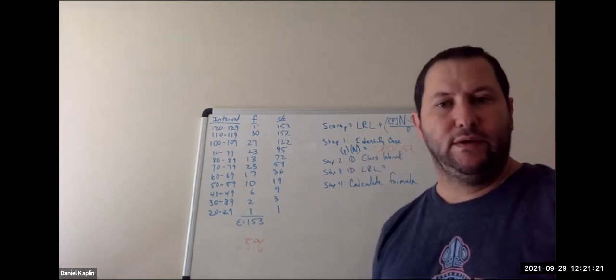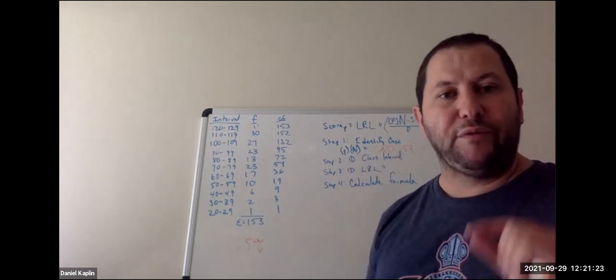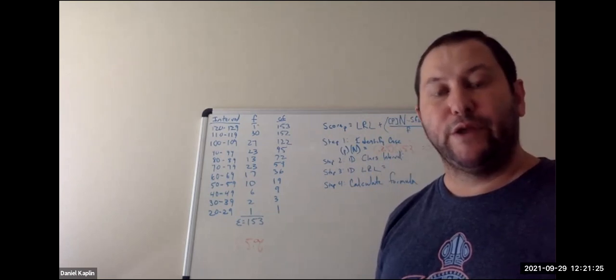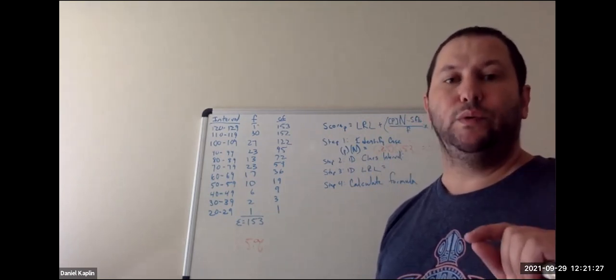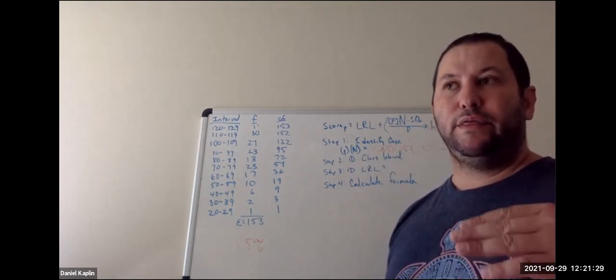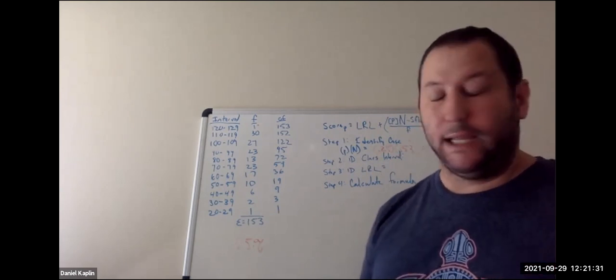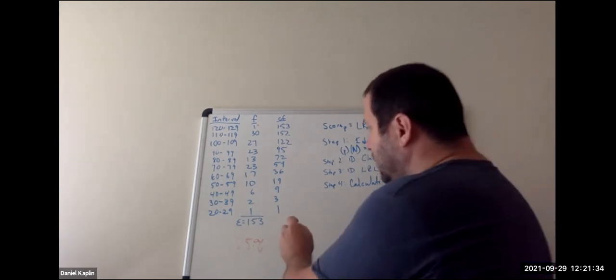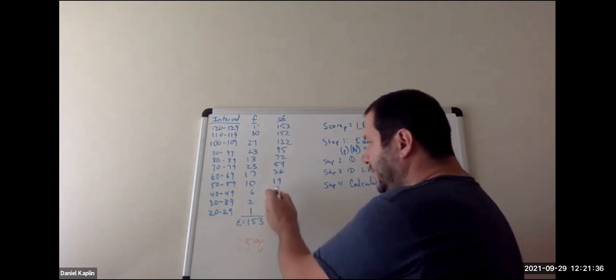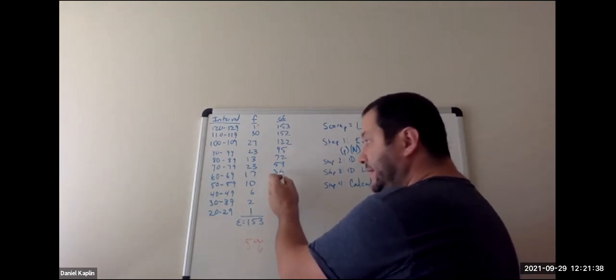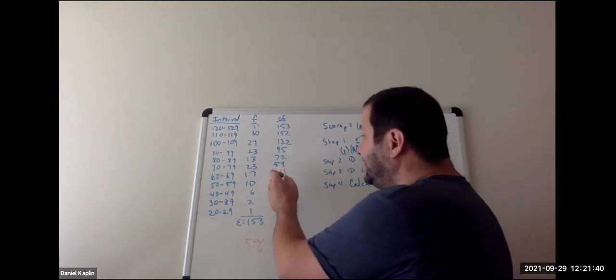So step 2 is to identify the class interval the 38th case belongs to. Here's the trick. We work our way from the bottom of the cumulative frequency column up to where the 38th case might be. So if I work my way up, 1, 3, 9, 19, 36. 36 is the highest case below.